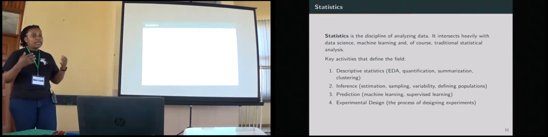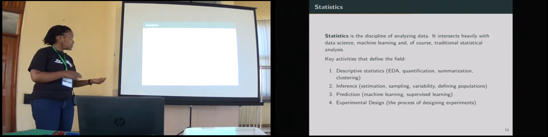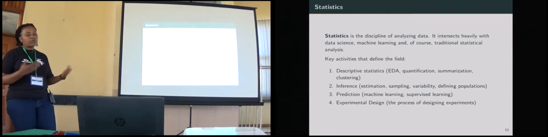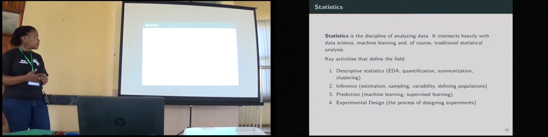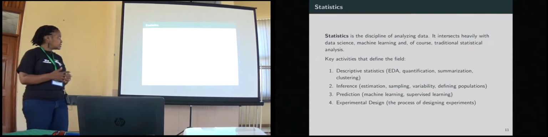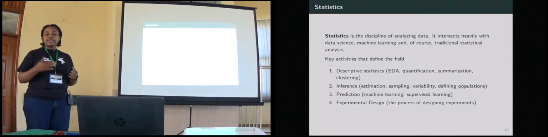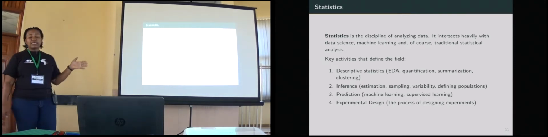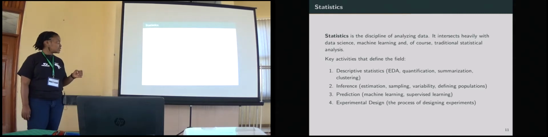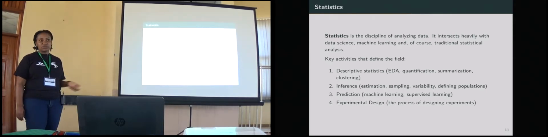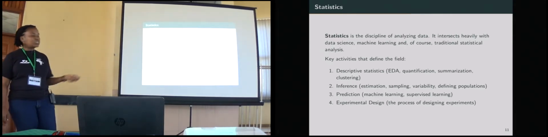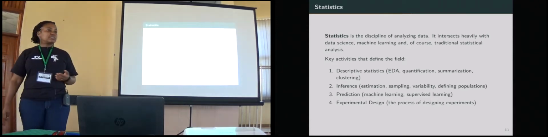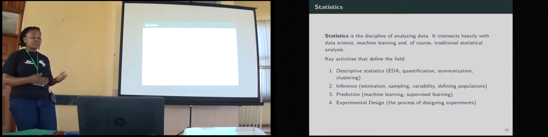There are great overlaps with data science, machine learning, and of course traditional statistical analysis. However, the key activities that define statistics in the data science domain include descriptive statistics, exploratory data analysis, quantification, summarization of the data, and clustering.